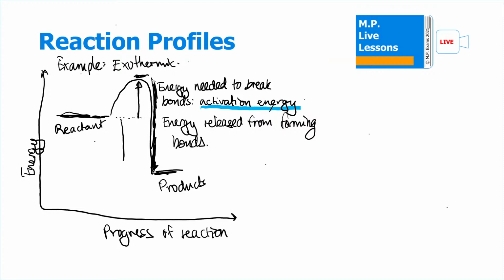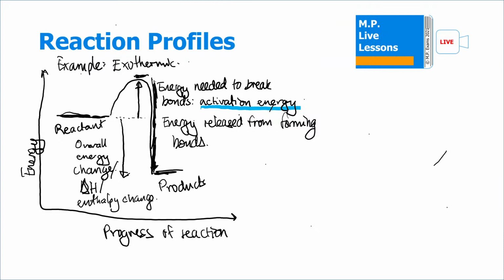And then this little line here from the reactant to product line is just the overall energy change. You may see some past papers label this as delta H, or enthalpy change. These all mean the same things.